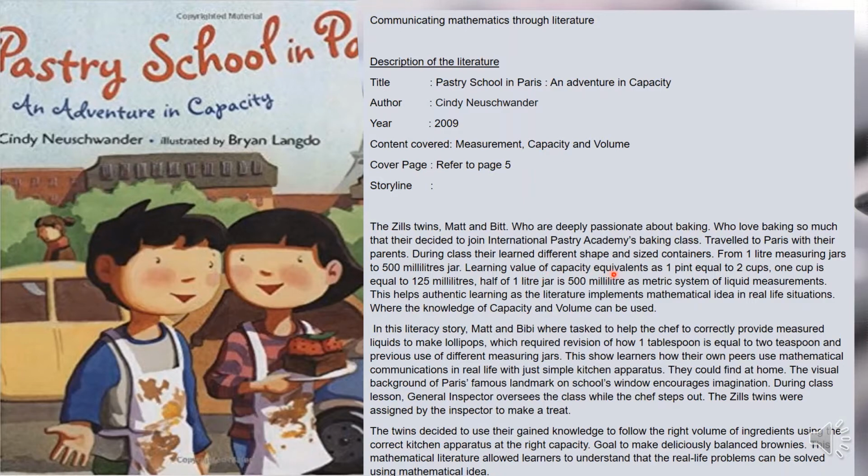They learned capacity equivalences: 1 pint is equal to 2 cups, and 1 cup is equal to 125 milliliters. Half a liter is equal to 500 milliliters in the metric system of liquid measurements.